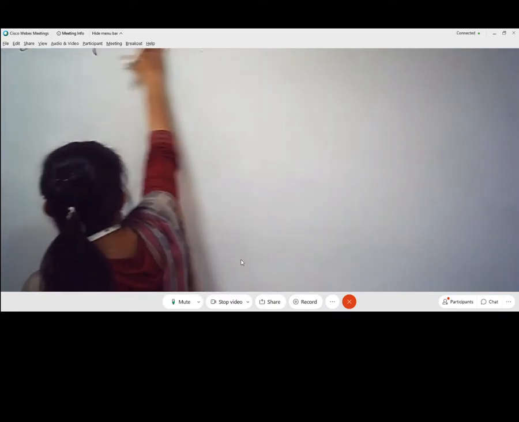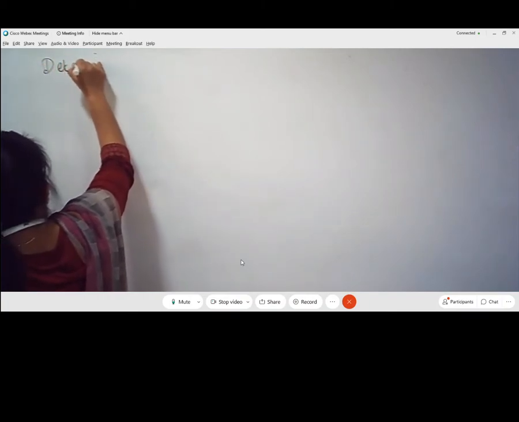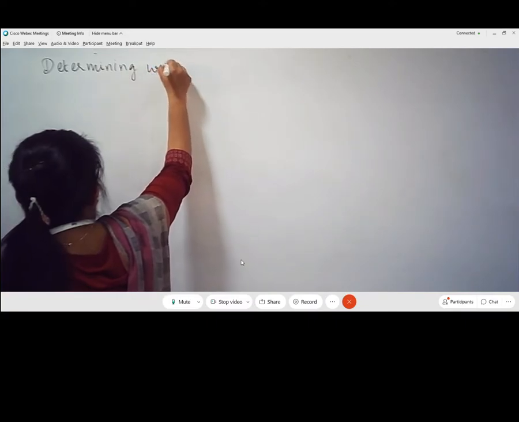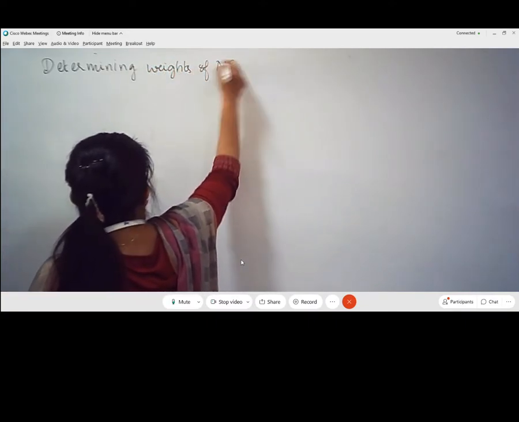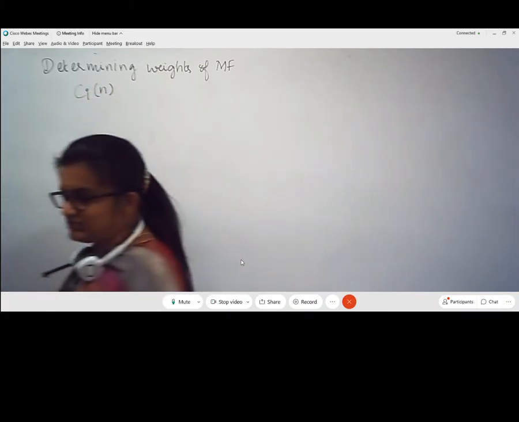So the process for determining the weights of a matched filter or a correlator is defined by the letters Ci of n.